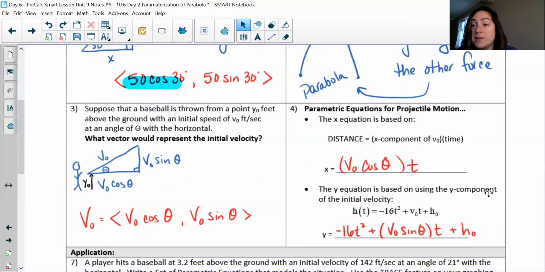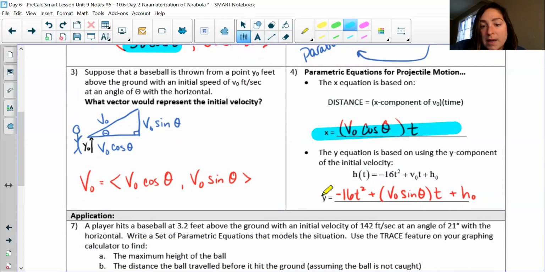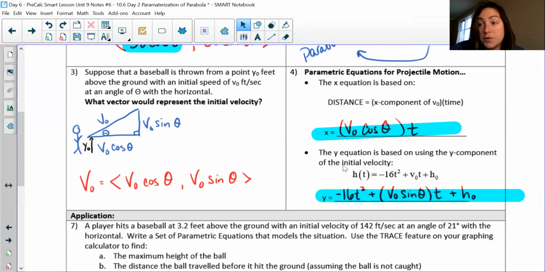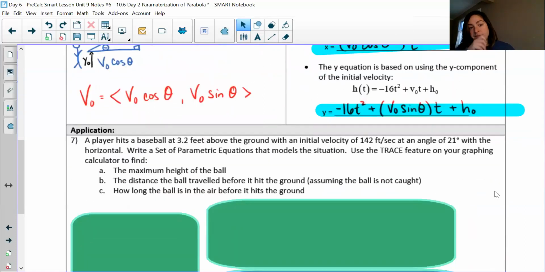So when you have this set of parametric equations, you're able to look at both the distance horizontally over time as well as the height vertically over time, both in one equation, instead of before where we had to separate the two when we're talking about rectangular. So these two together end up being our set of parametric equations for projectile motion. Again, just memorize.